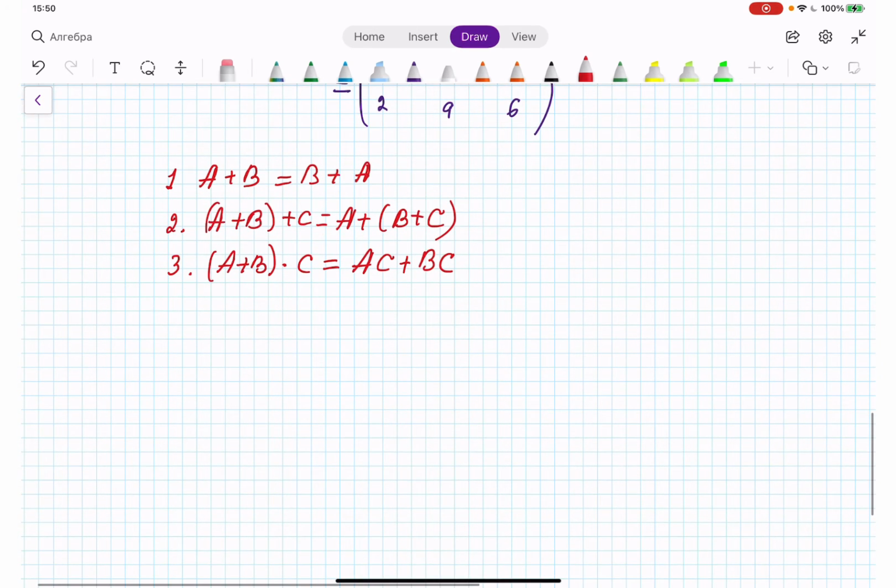Okay, it's going to be product of matrices. Before we do product of matrices, I would like to give you some important information.